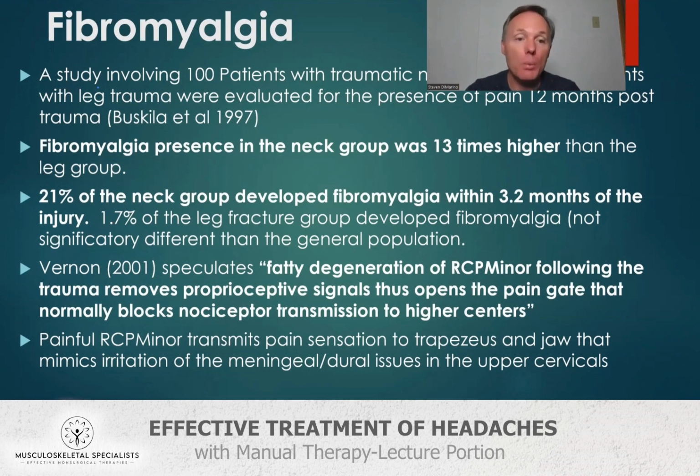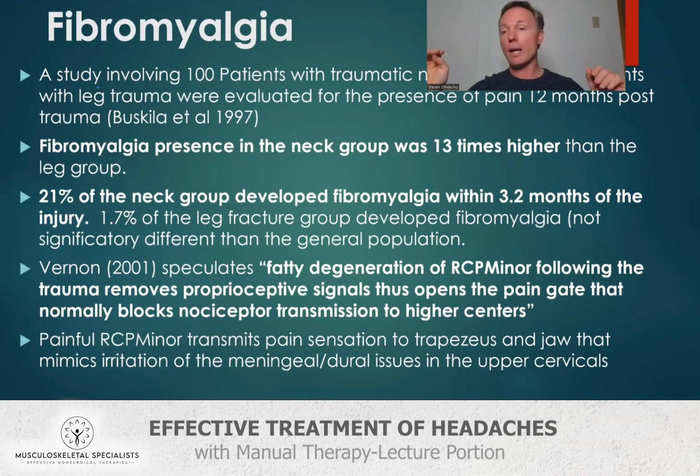And so I'm going to go into this in deep detail. What Vernon in 2001 speculates is that fatty degeneration of RCP min following the trauma removes proprioceptive signals, thus opening the pain gate that normally blocks nociceptor transmission to higher centers. So what he's speculating here is RCP min atrophies, gets fatty, and it's a huge proprioceptive muscle.